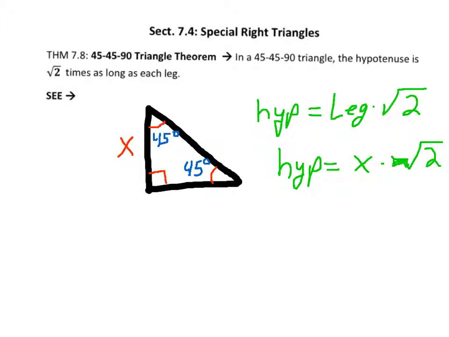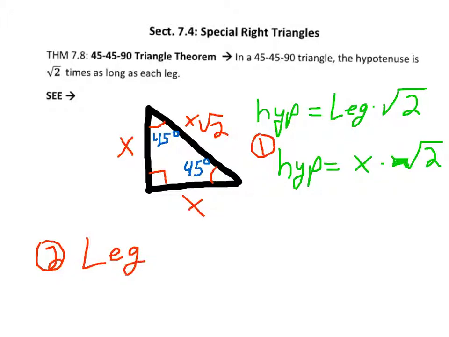We better call this x and x square root of 2. One more formula. This is formula 1, and we can call this over here formula 2. You can write this wherever you have space on the page. The other one is the leg.